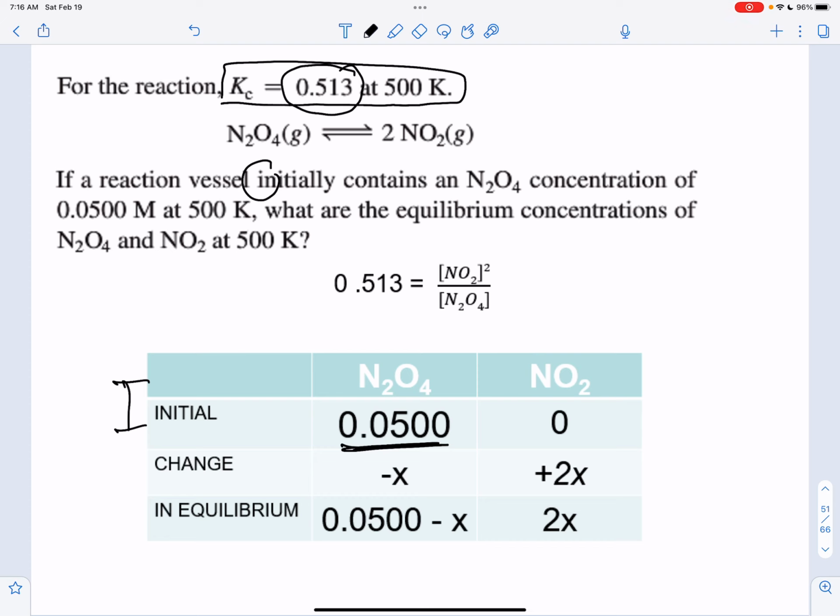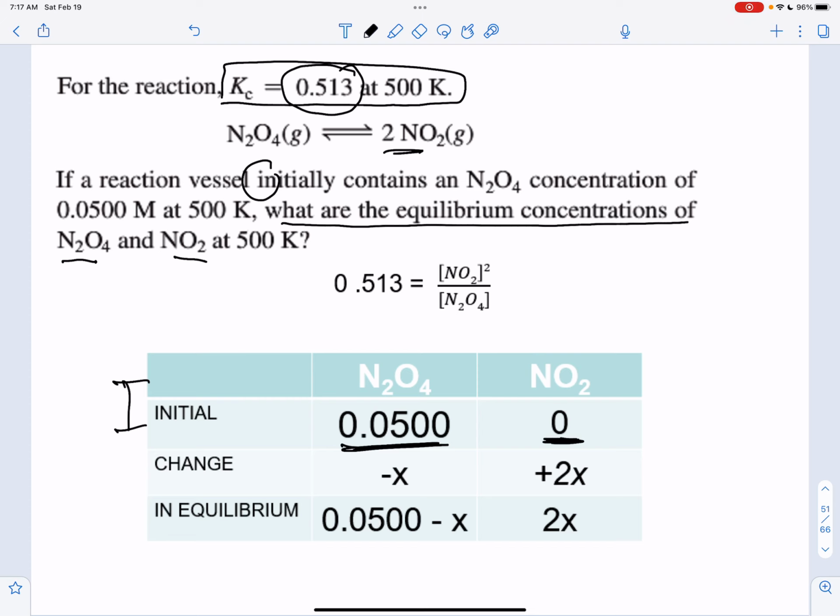And initially, the reaction hasn't started, so the product is definitely 0. And we're still looking for the equilibrium concentration of both the reactant and the product, because remember, this reaction reaches equilibrium, so the reactant is never consumed 100%.